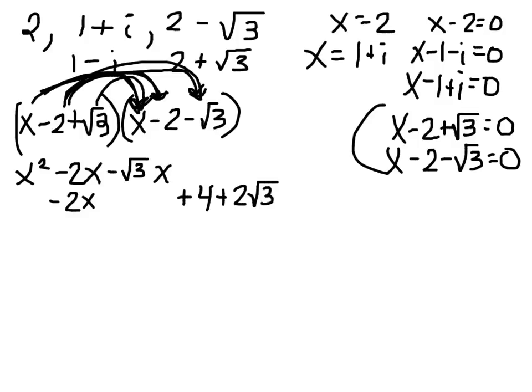Root 3 times x. Root 3 times negative 2. And negative root 3 times positive root 3. What's the square root of 9? Negative 3 is the answer. There you go. Okay?